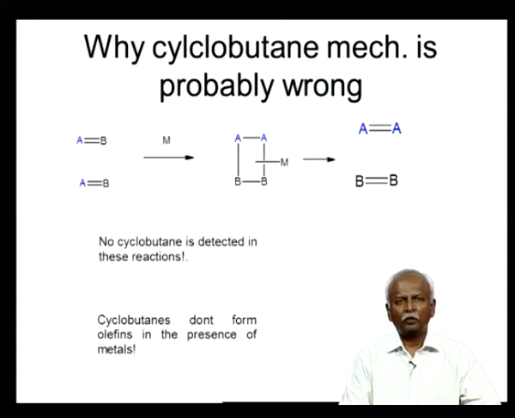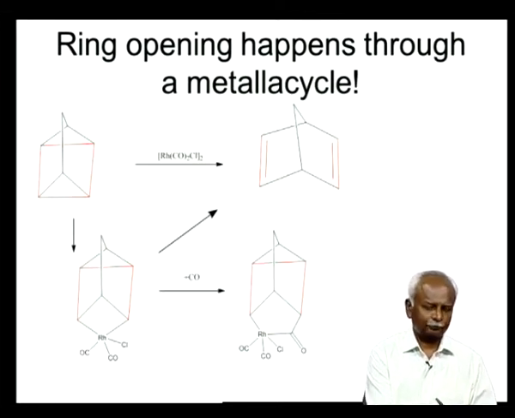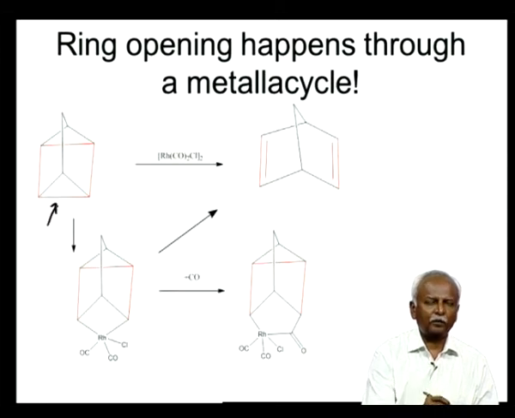But not observing an intermediate is no reason to discount it. And so, let us look at some other reasons why we discount this mechanism. One of them is the fact that after you do this reaction in the presence of carbon monoxide, it is possible to isolate a product which is clearly formed as a result of an insertion reaction, and the insertion has been carried out on a species which is most likely formed due to insertion of rhodium into this carbon-carbon bond.